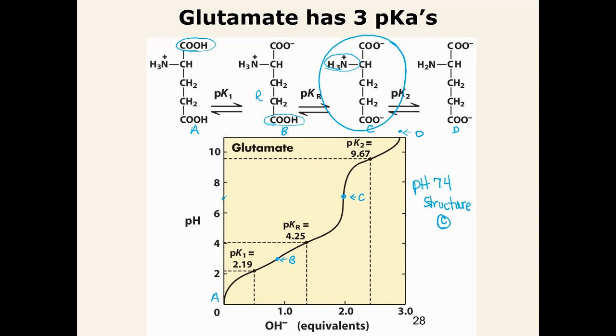Where's the zwitterion? The zwitterion is structure B. And for zwitterion, where do we have structure B only? Is at first equivalence. And that would be then where we have the PI, and that would be the average between 4.25 and 2.19. So 3.22.